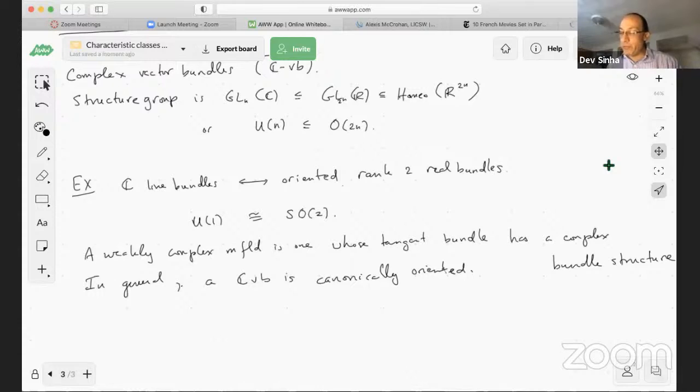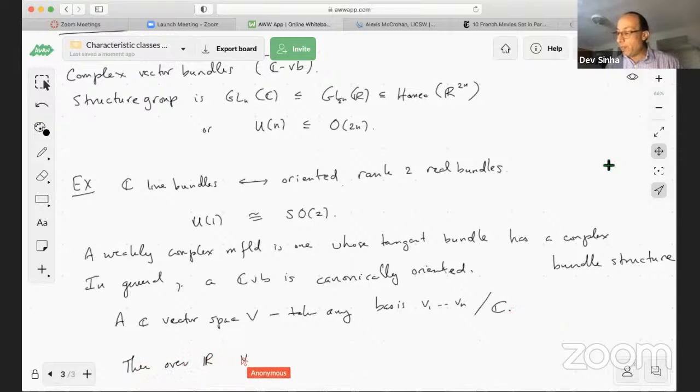And what you can do is in your local charts, or however you want to think about it, for a complex vector space V, take any basis v_1 through v_n over C, and over R, you take v_1 and then you multiply it by i, and v_2 and you multiply it by i. And this forms a real basis.